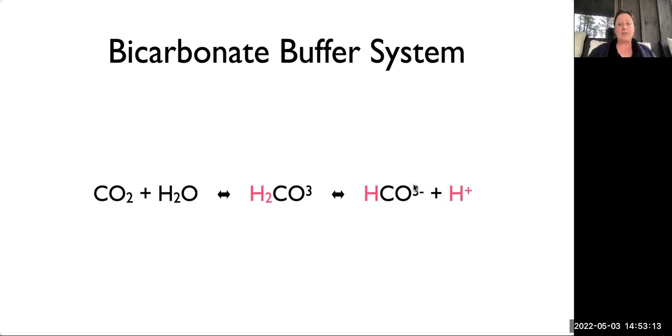So each one of these can contribute to the pH. Now, this is a base and this is acid. So this will actually try to pull protons out unless we have, because of the law of mass action, a whole bunch of CO2, in which case we're just going to continue moving the reaction to the right and producing more protons. That may not make sense completely, but if you get the general idea, that's all you need.